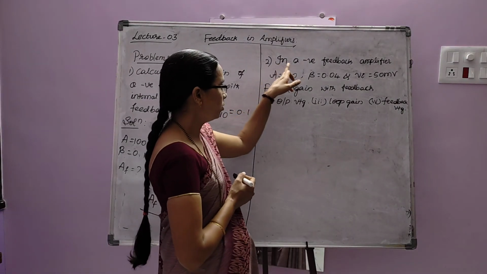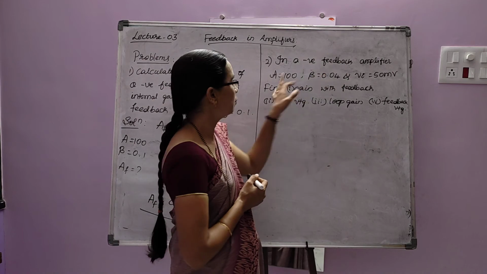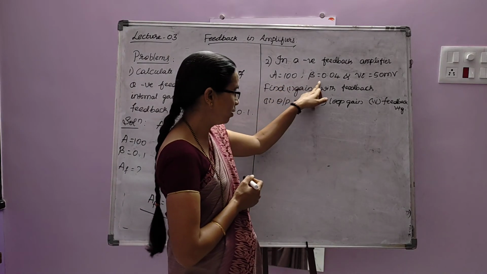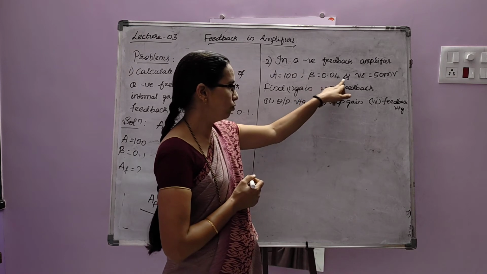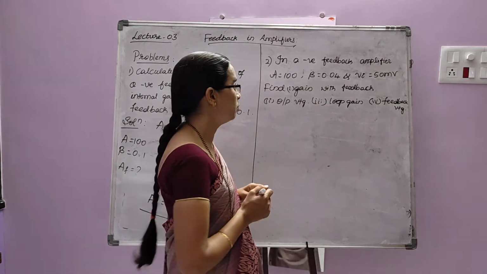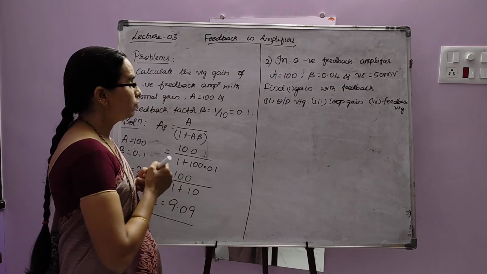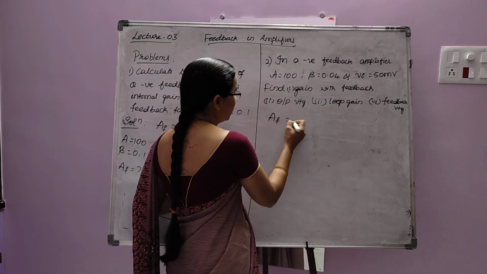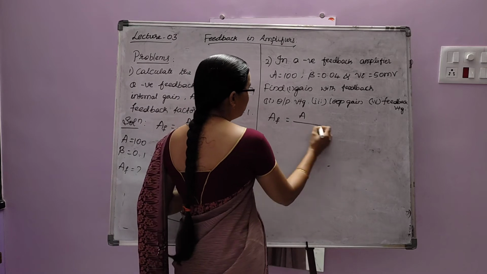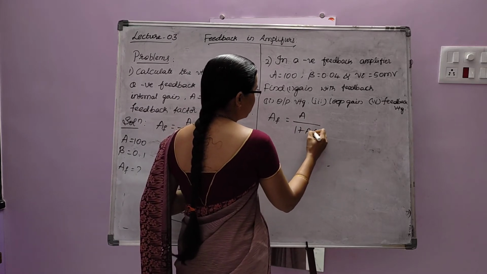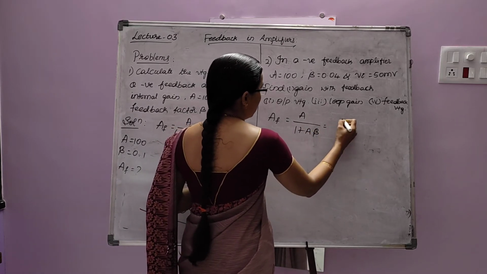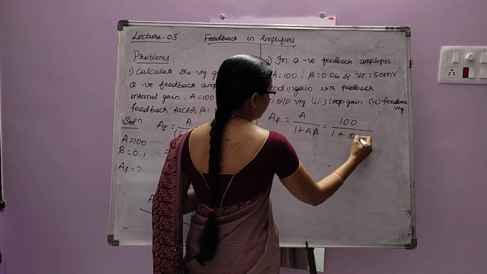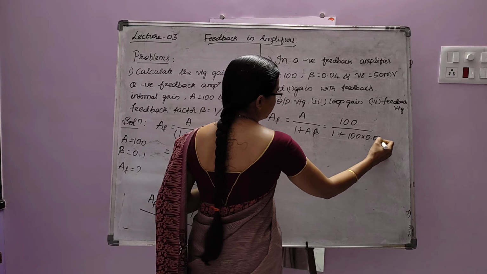In the second problem, in a negative feedback amplifier, open loop gain is given 100, feedback fraction is 0.04 and Vi is equal to 50 millivolt. So we have to find the gain with feedback. Again, AF is equal to A by 1 plus A beta, 100 divided by 1 plus 100 into 0.04 it is.